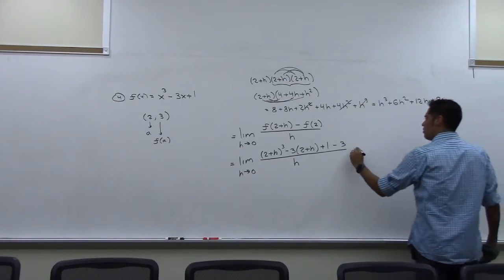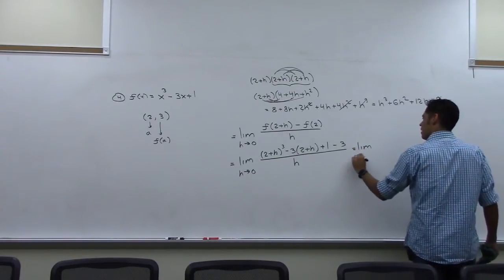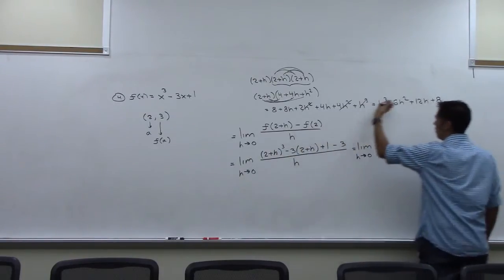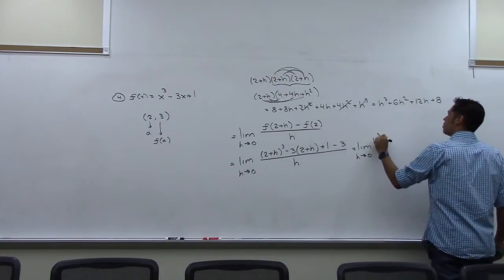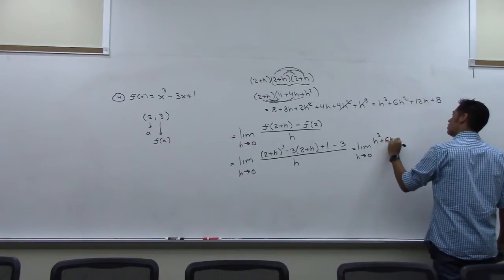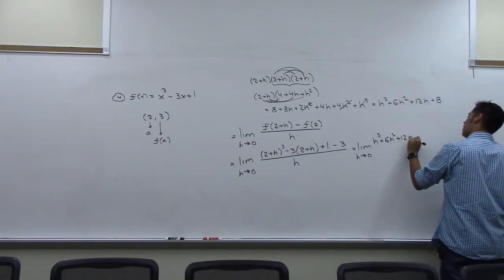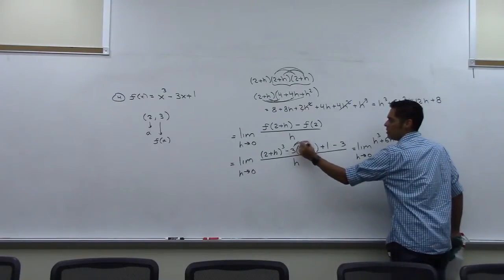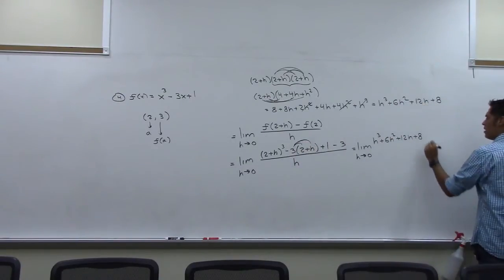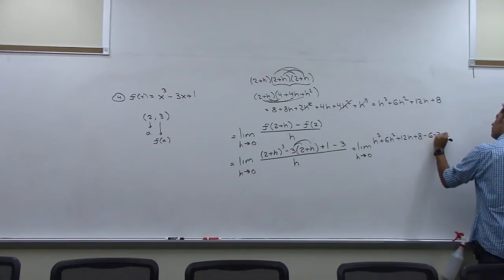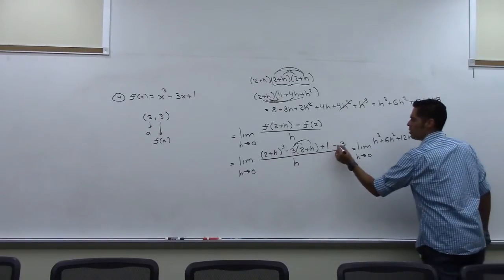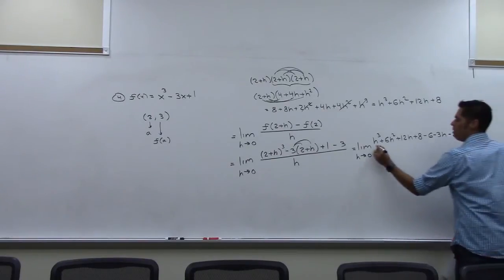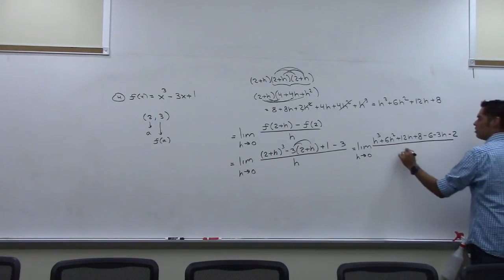All right, so this equals the limit as h goes to 0 of this piece right here, which is all of this junk, h cubed plus 6h squared plus 12h plus 8. I'm going to run out of room. Then distribute, minus 6 minus 3h. And then plus 1 minus 3, that's the same as minus 2. All of this over h.